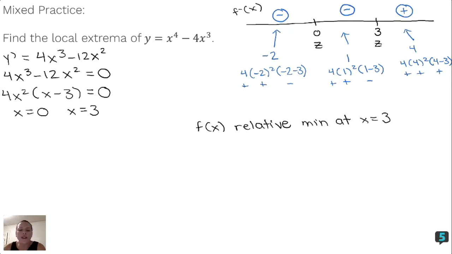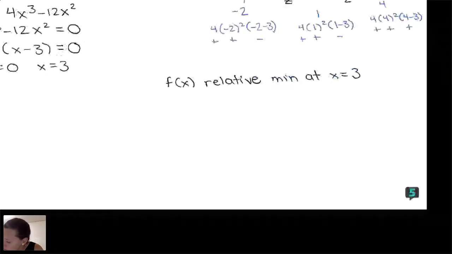Where does f of x have a relative minimum or relative maximum? Nowhere. Good. There is no place on that number line where f prime of x changes from positive to negative. So f of x does not have a relative max.